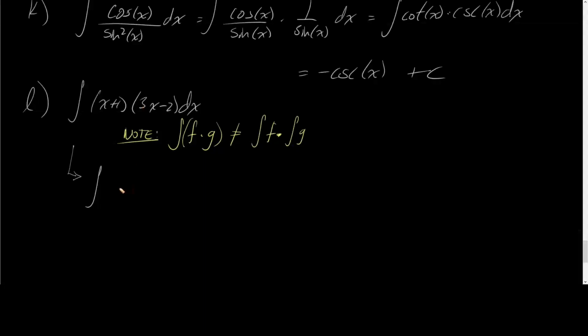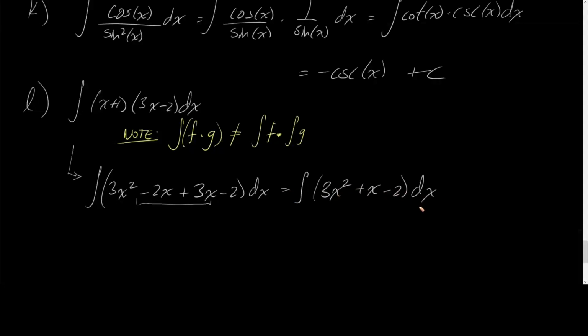So x times 3x is 3x squared, negative 2x, plus 3x minus 2, right? All I did there was FOIL, reducing, in other words, combining like terms, right? Those two are x's, so we have 3x squared plus x minus 2 dx, giving us, well, the antiderivative of this.